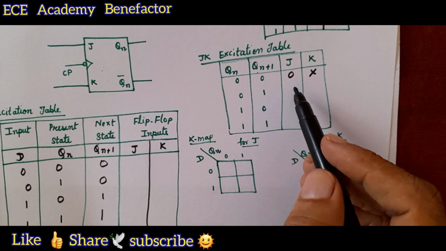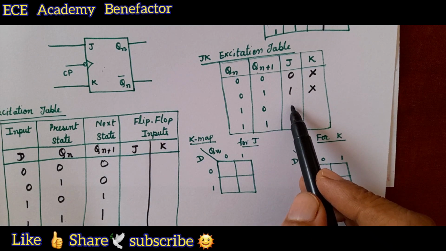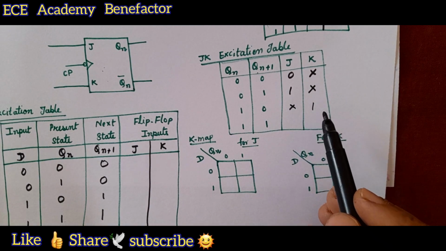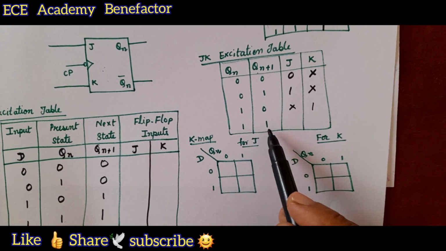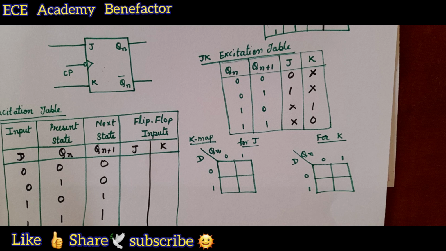For 0 1, it is 1 x. For 1 0, it is x 1, and for 1 1, it is x 0. This is the excitation table of JK flip-flop.